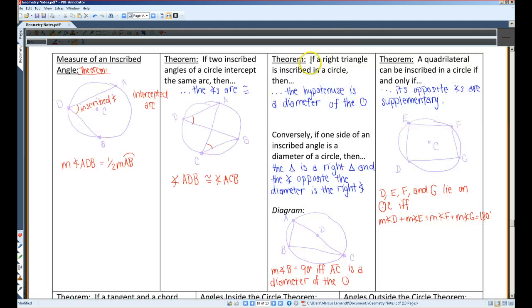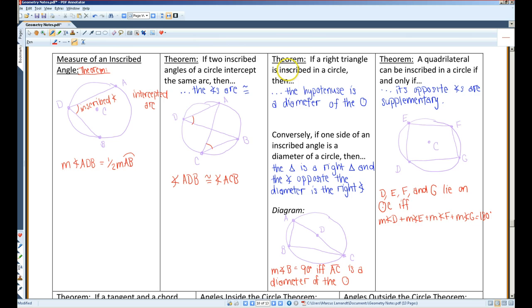Okay? If a right triangle is inscribed in a circle, the hypotenuse is the diameter of the circle. Conversely, if one side of an inscribed angle is a diameter of a circle, then the triangle is a right triangle, and the angle opposite the diameter is a right angle.